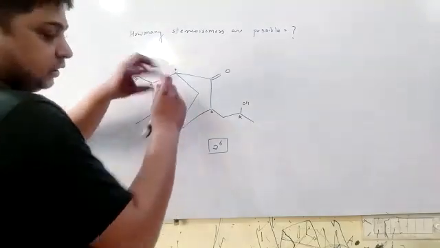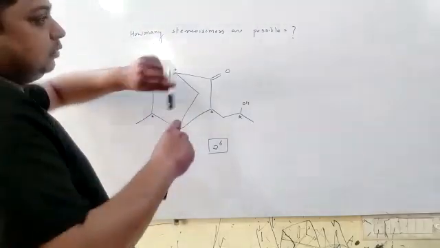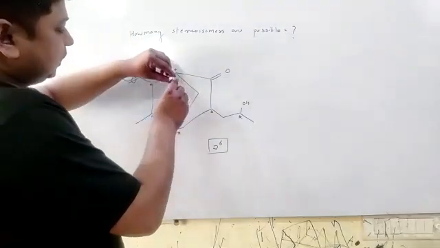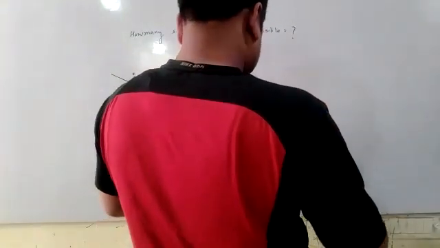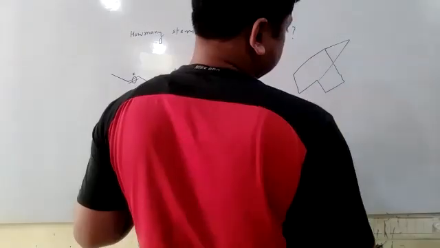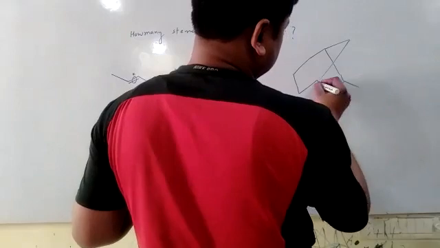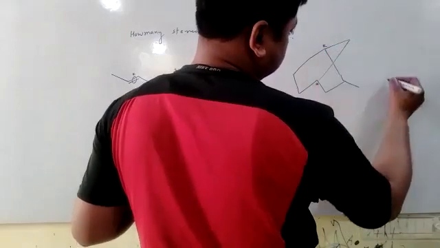Now, what is the possibility? If I switch here, if this valency goes inside the plane, then automatically this will go inside the plane. Yes or no? Suppose this is the case, okay? This is a chiral center, this is also.